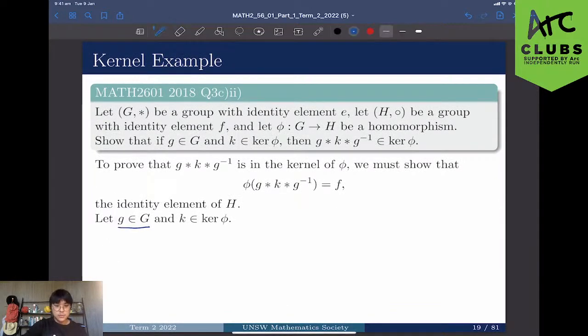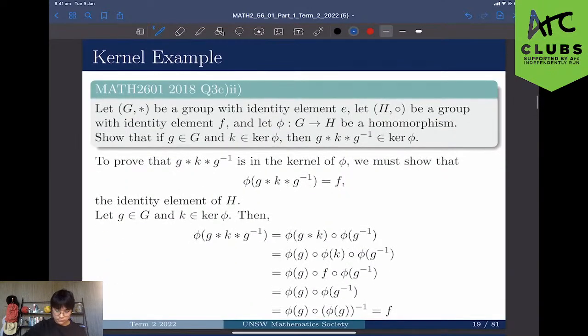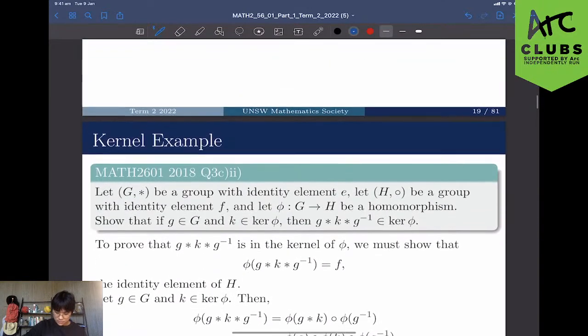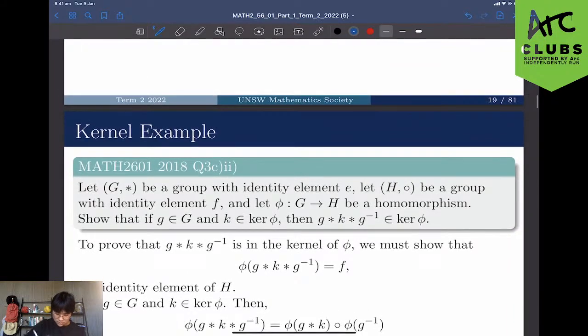So we have an element of G and an element of the kernel. We start here, the left-hand side, and we can break this up into two chunks over the second group's operation.